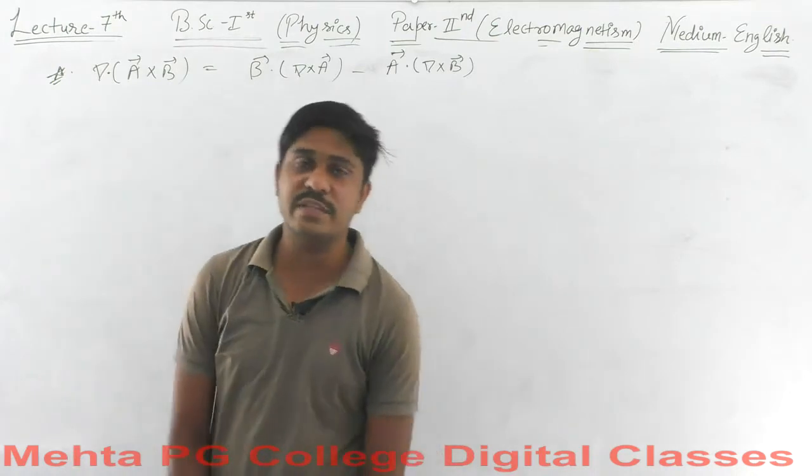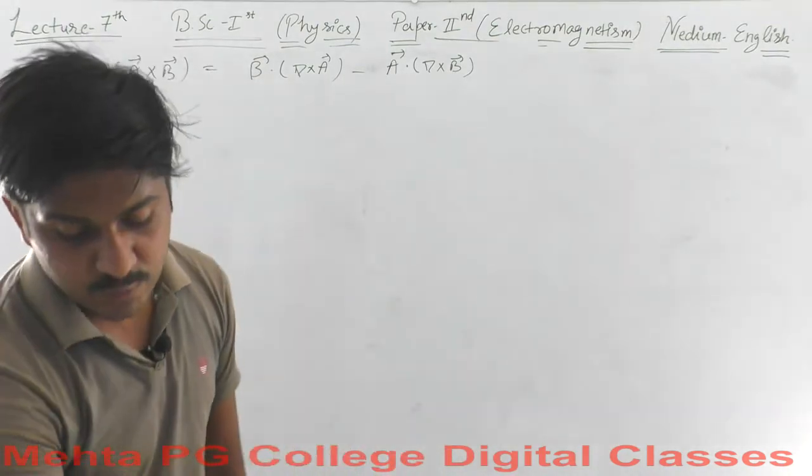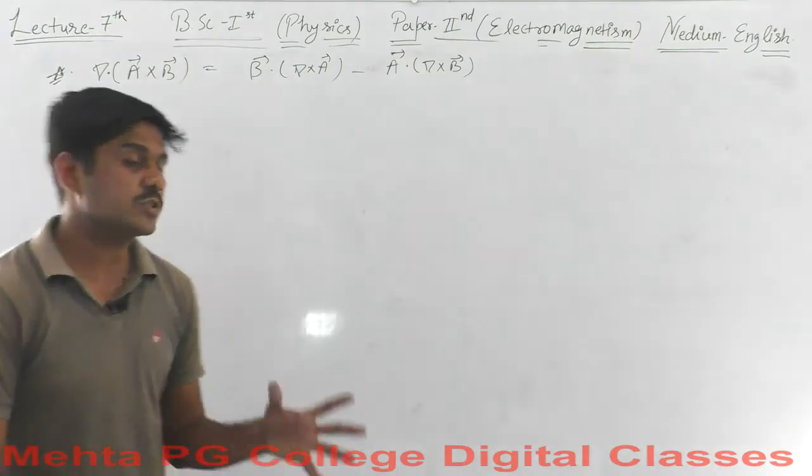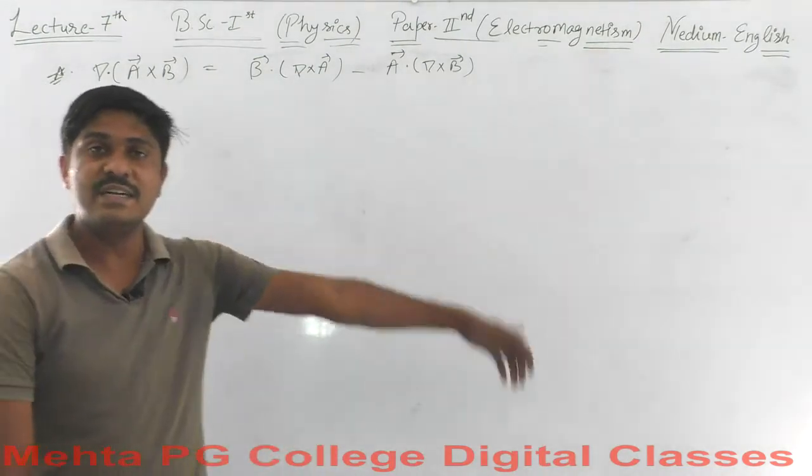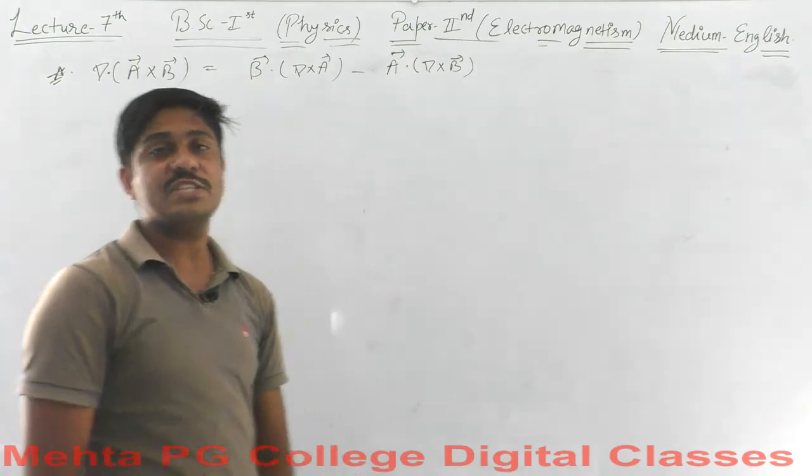First of all, we are supposed to calculate the vector product of A cross B. We will start with the LHS and we will get the RHS through our calculations.